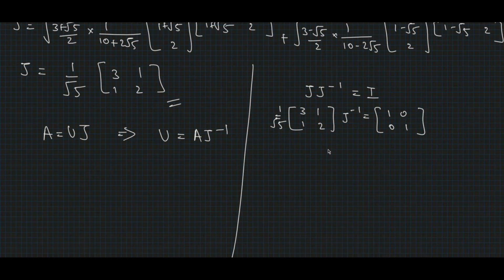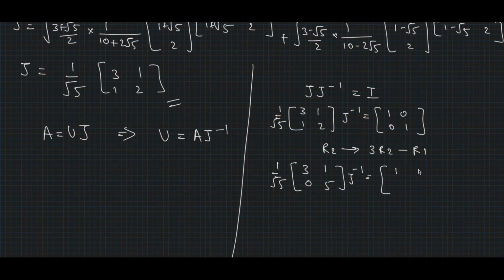By doing the row transformation, that is R2 transforms into 3R2 minus R1, we'll have 1 by root 5 times (3, 1; 0, 5) j inverse equal to (1, 0; minus 1, 3).